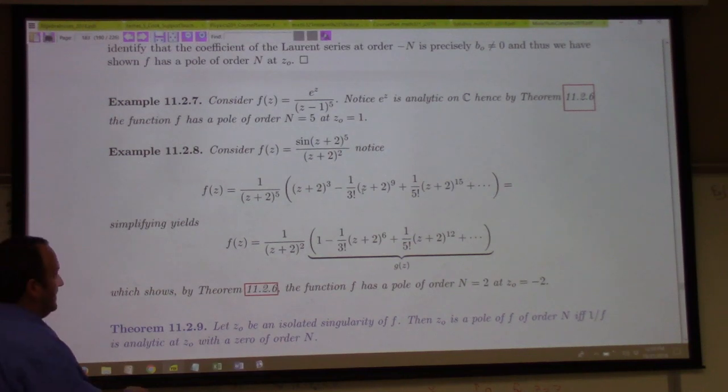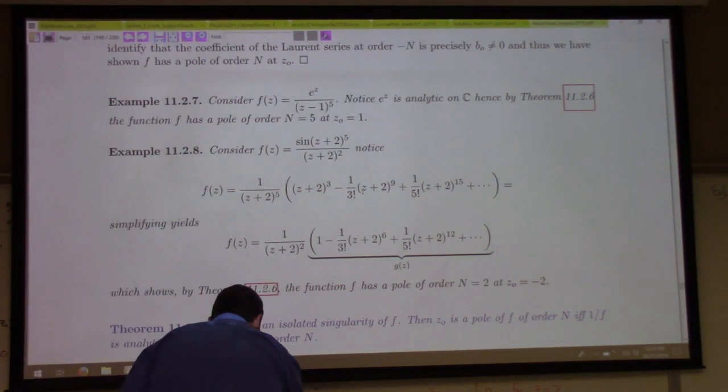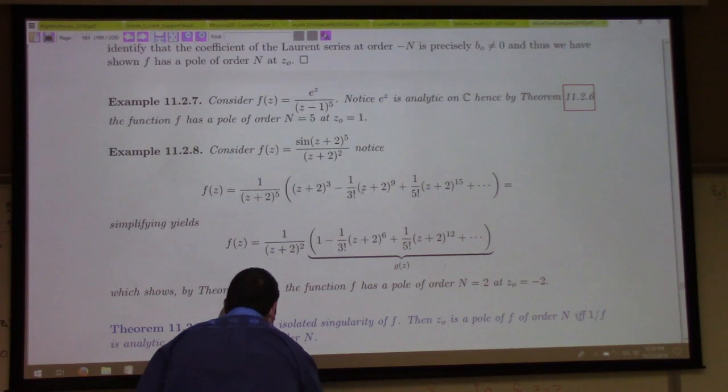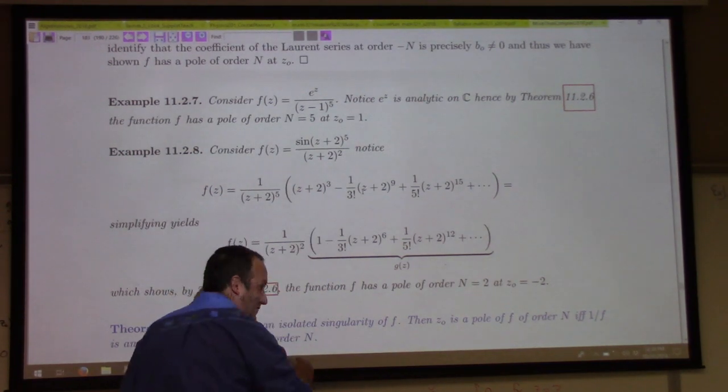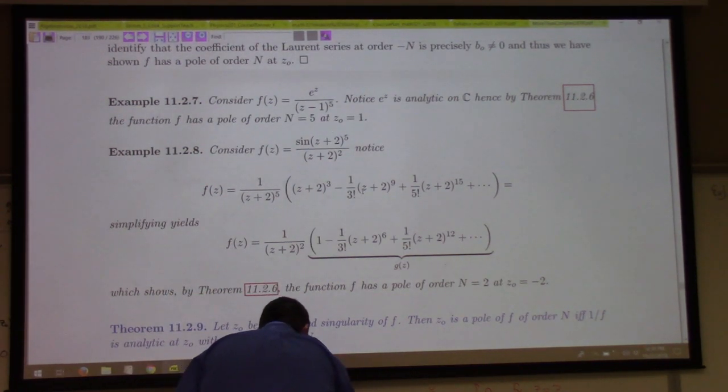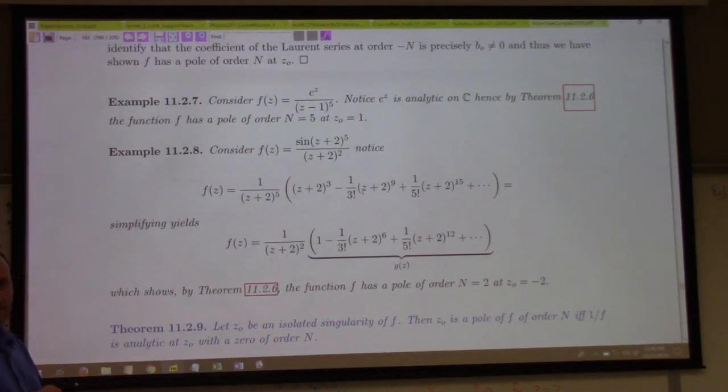I'm looking at the sine of (z plus 2) cubed divided by (z plus 2) to the 5th, right? In fact, what's written here has a removable singularity at minus 2.